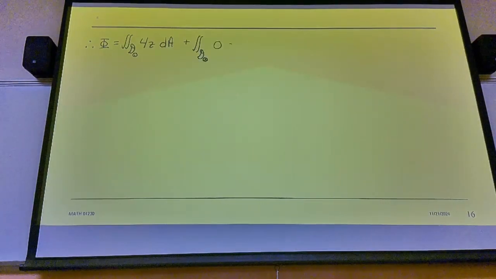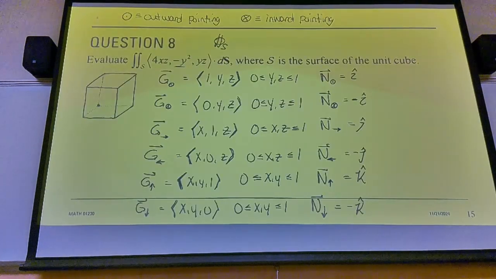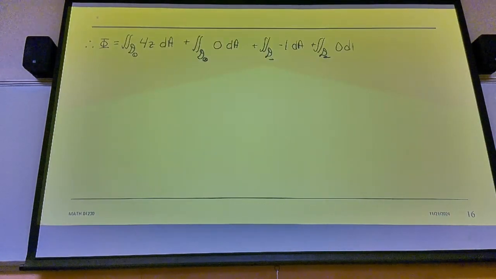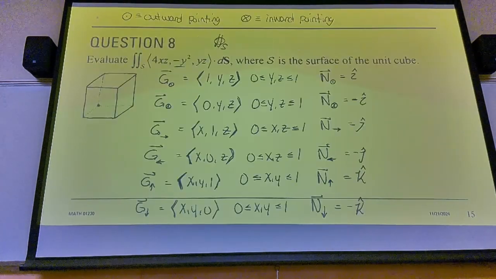If you look at the left, it's just 0 squared. What happens when you dot product a vector by k hat? So this is the one we care about now. So that's just y? Yes. And what about the bottom?